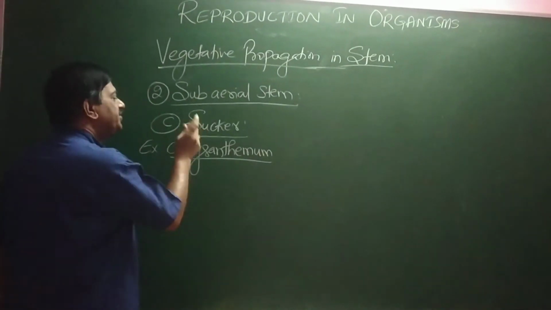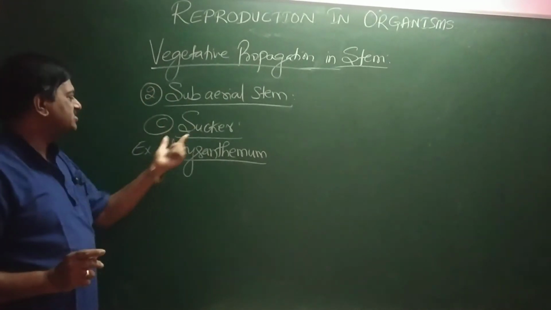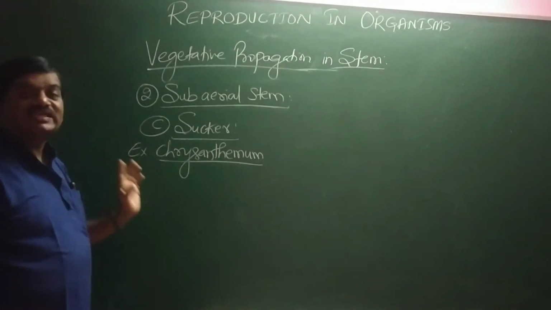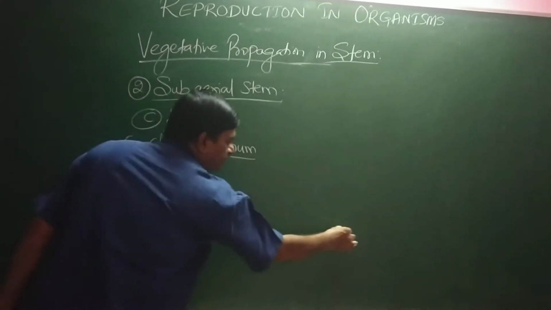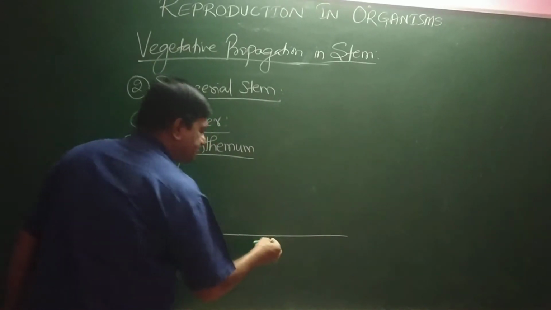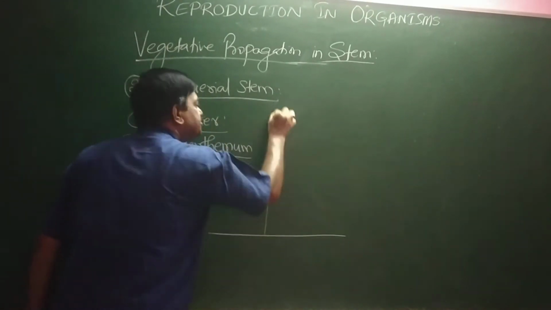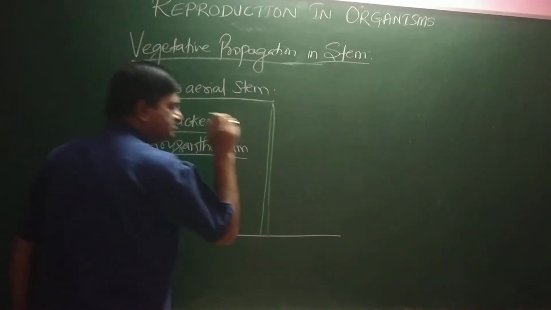We'll start with the next one, called sucker. The example for sucker is chrysanthemum. In a chrysanthemum, the stem is always an erect stem and has a presence of leaves.